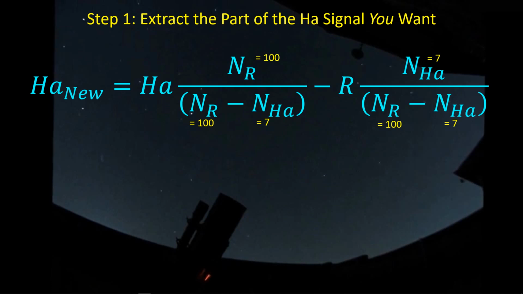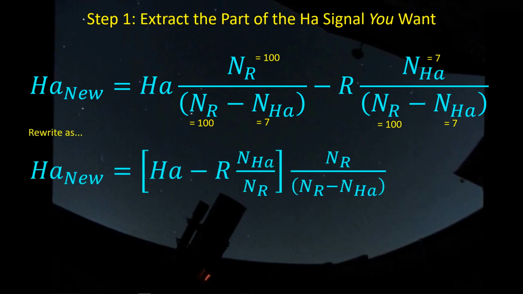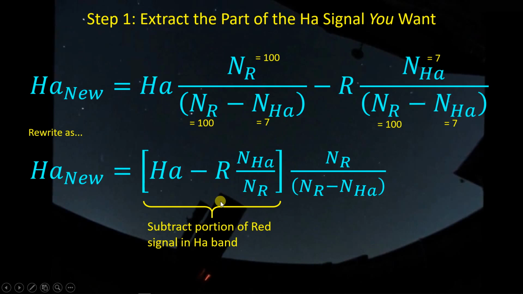It's difficult to tell what's going on, but if we can rewrite this into a mathematically equivalent form, we would have a formula that looks like this. And now things become very clear and very logical as to what we're trying to do. So this first term in the bracket is the HA image minus a portion of the red image. Now remember, the red image covers the bandwidth of the HA filter, right? So it's only 7%.